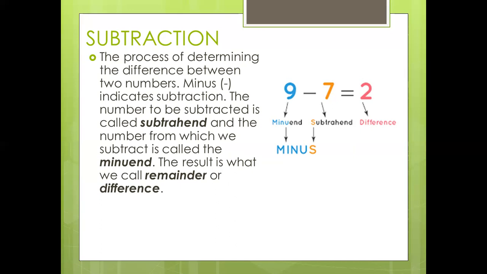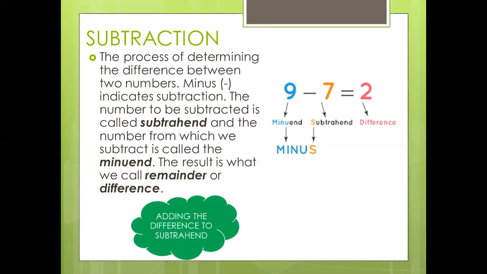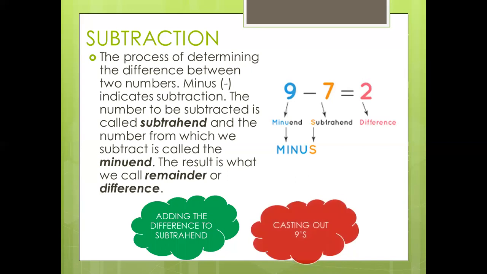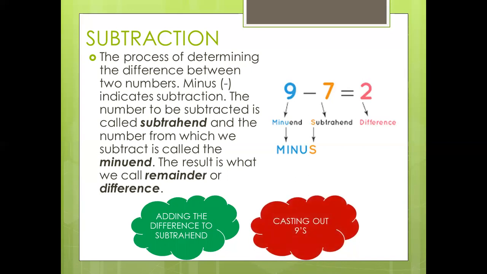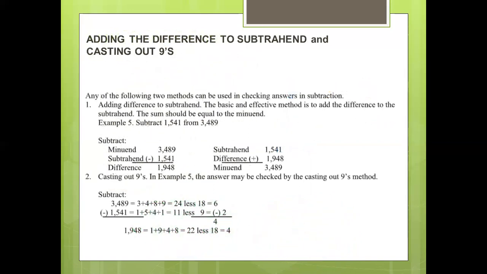So we have two methods that can be used on checking answers in subtraction. We have adding the difference to the subtrahend and also casting out nines. So for adding the difference, it is the basic and effective method.